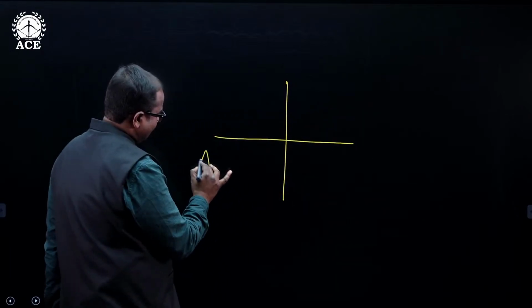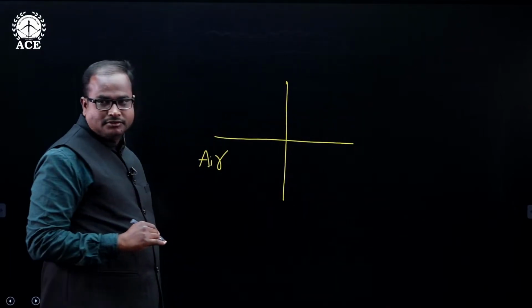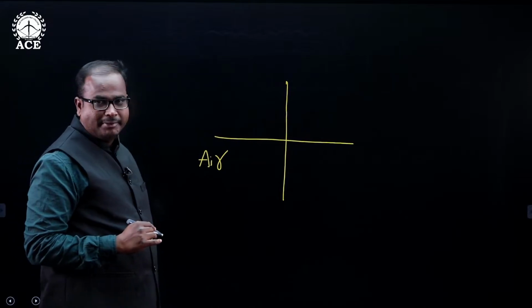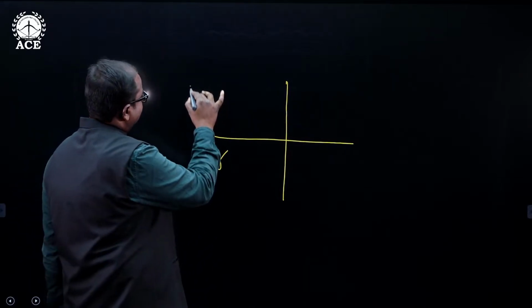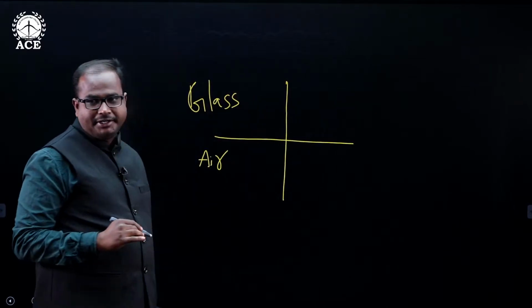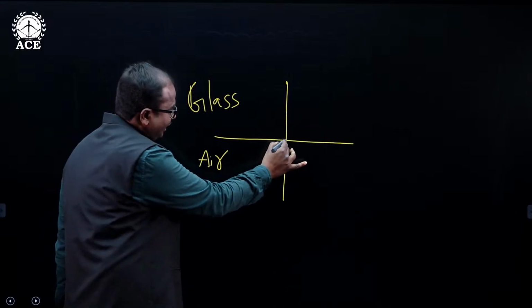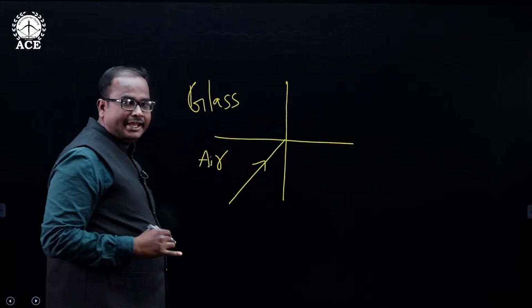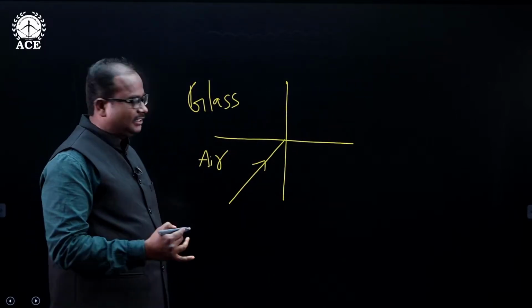I consider this one medium, let it be air medium, and this is glass medium. So when the light ray is traveling from this air to glass, what happens?